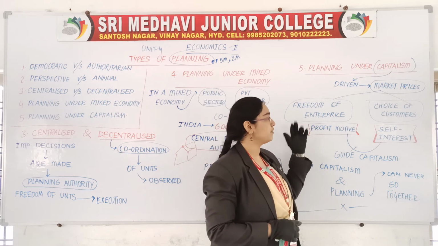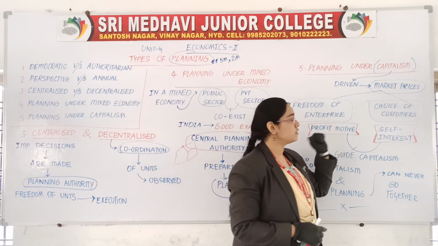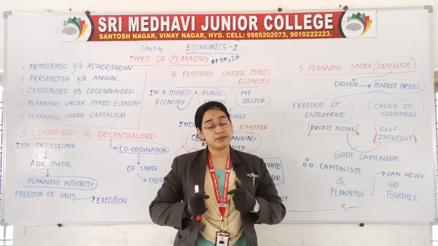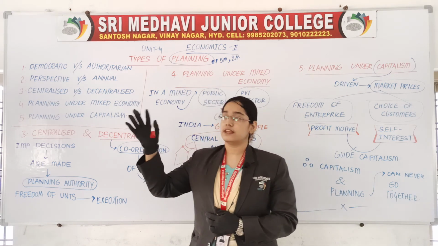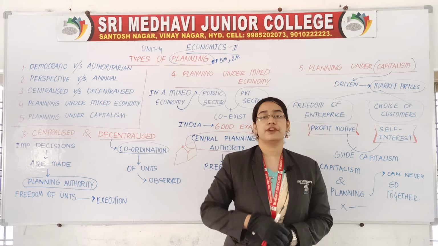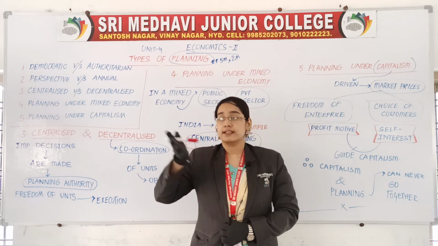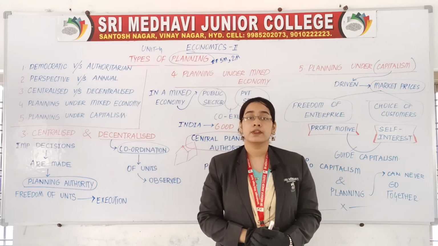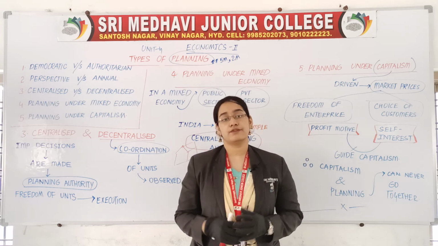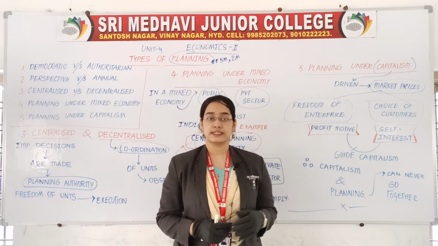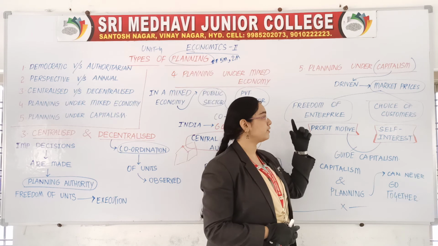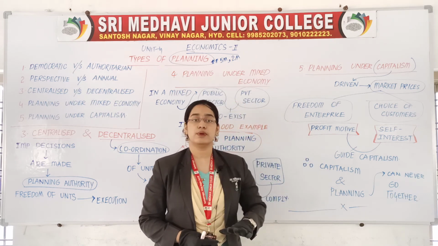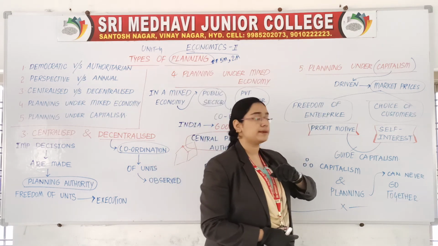That is nothing but freedom of enterprise. Choice of customers: the customers will also have a choice. If there are 4 shops in front of you, it's your choice which shop you want to visit. This is what market forces or market prices are. Choice of the customers and freedom of enterprise is given under capitalism.